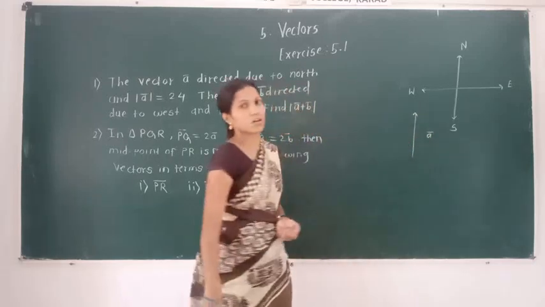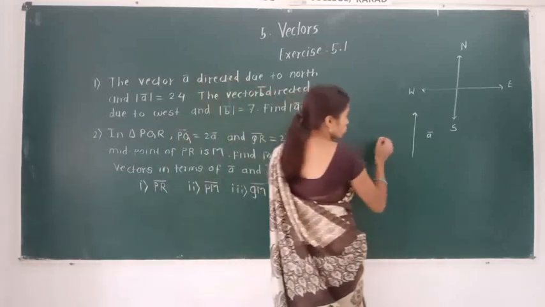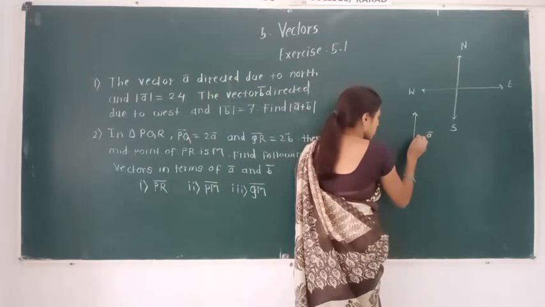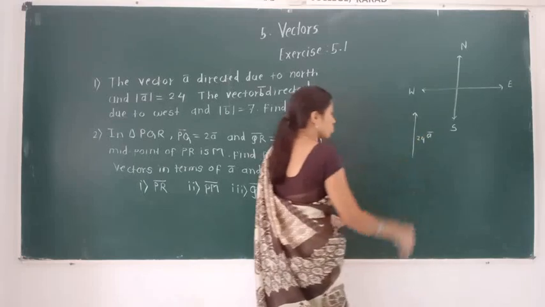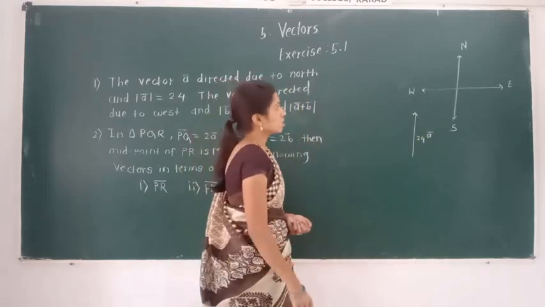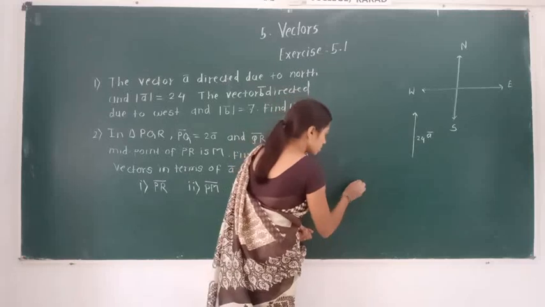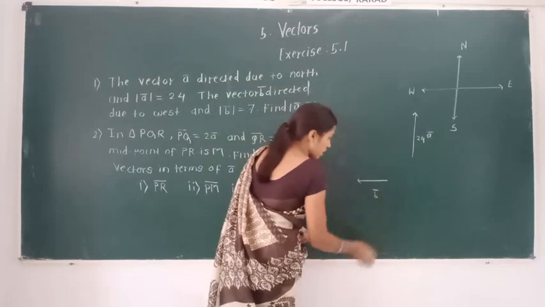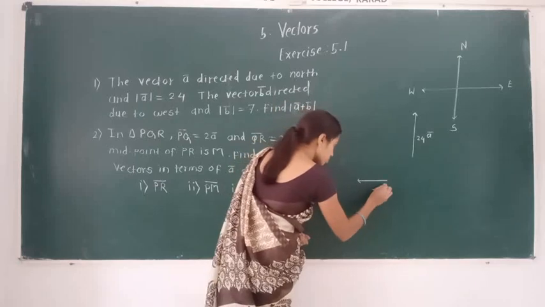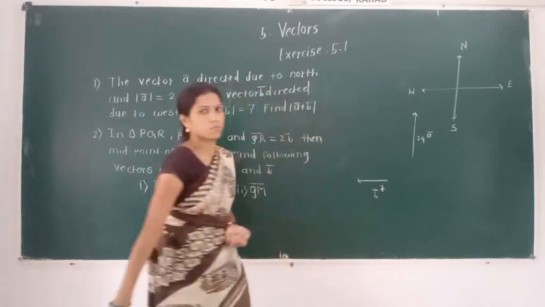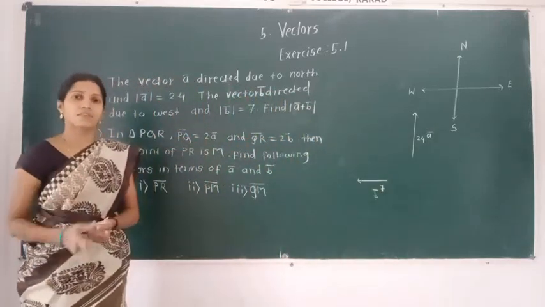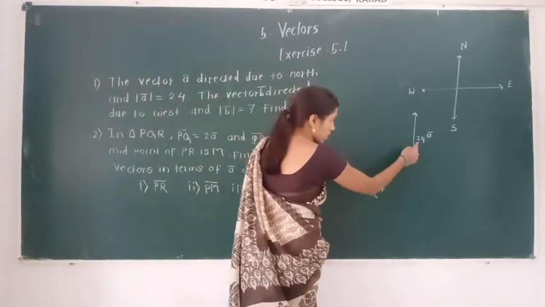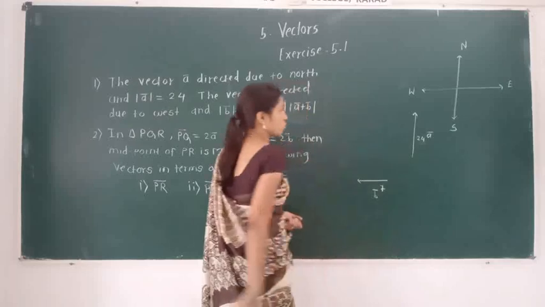This is our vector A bar. Direction is north and its magnitude is given as 24. Okay, and take another vector, here we take B bar, its magnitude is given as 7. Magnitude is a scalar quantity, so here we write 7 and here we write 24.